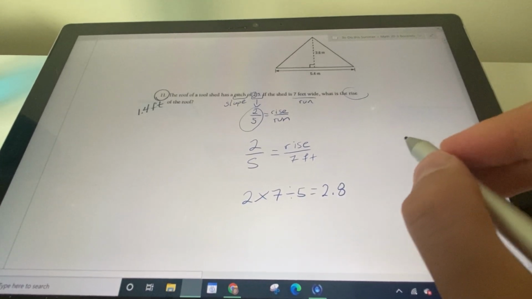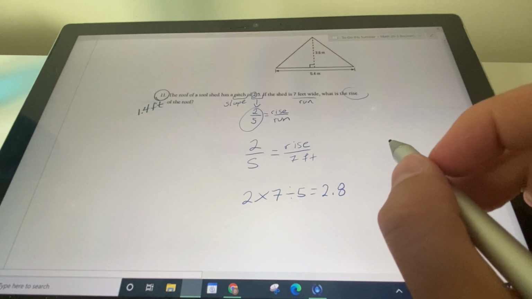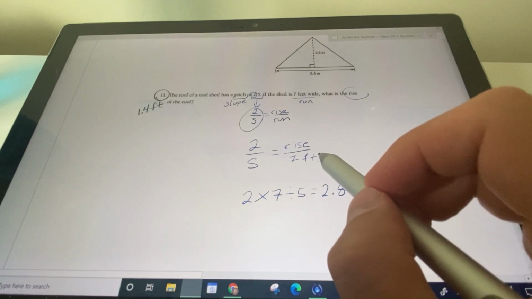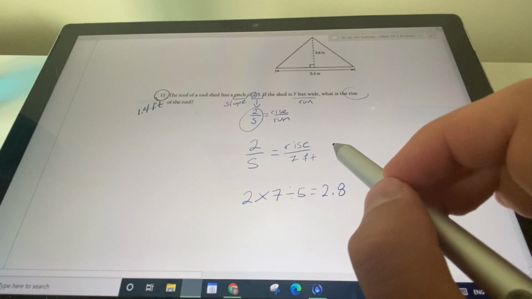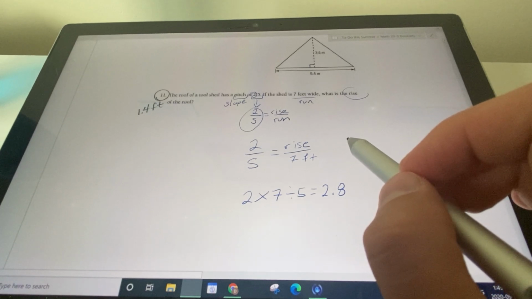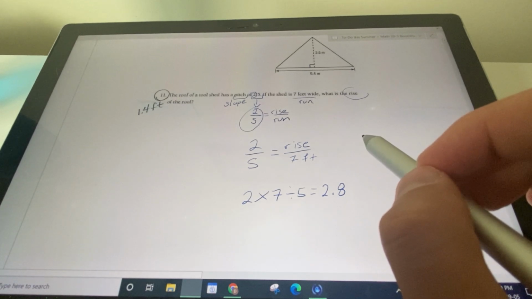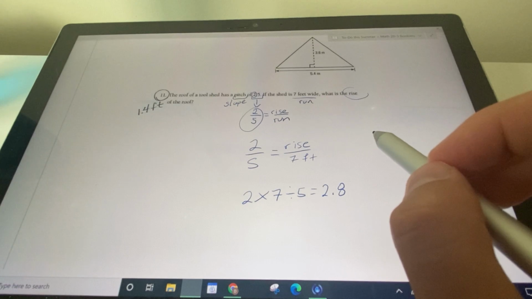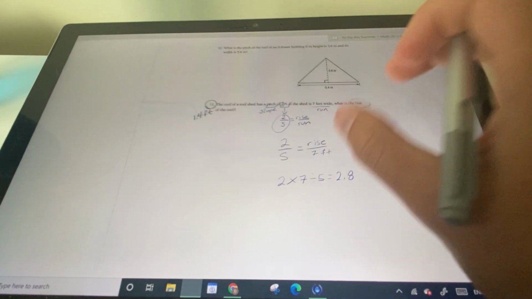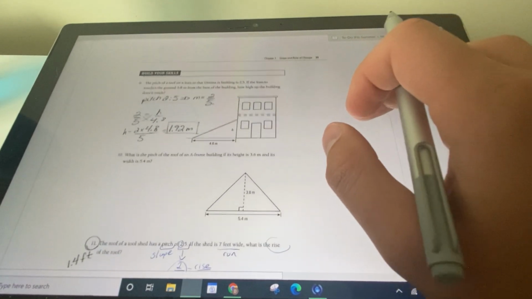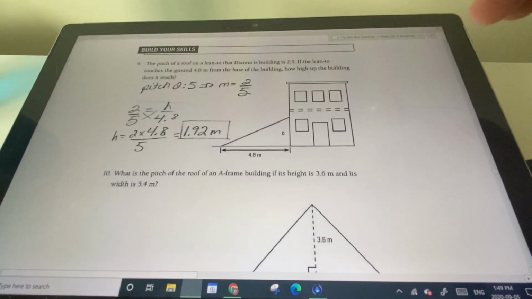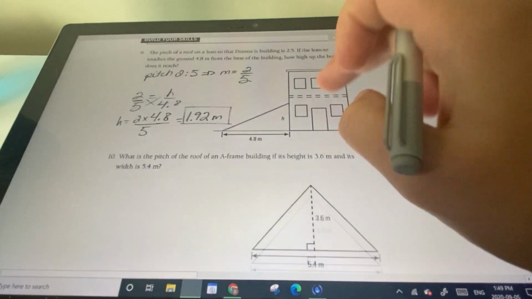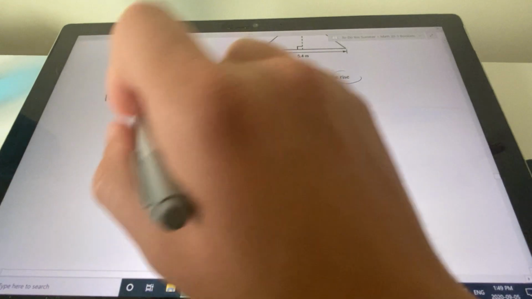Okay, so now we have, what is the rise? Rise over run. I think they might have given the wrong solution here.